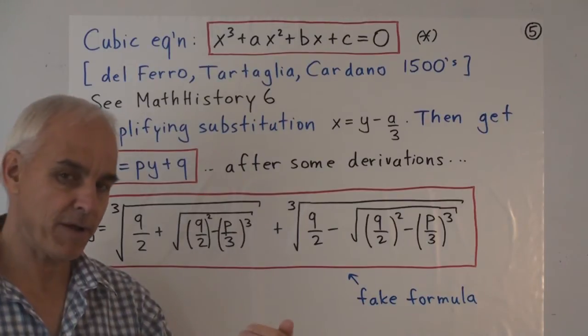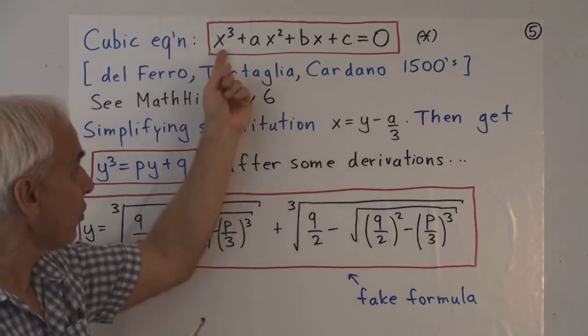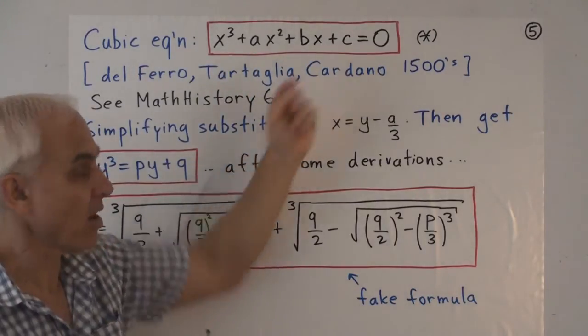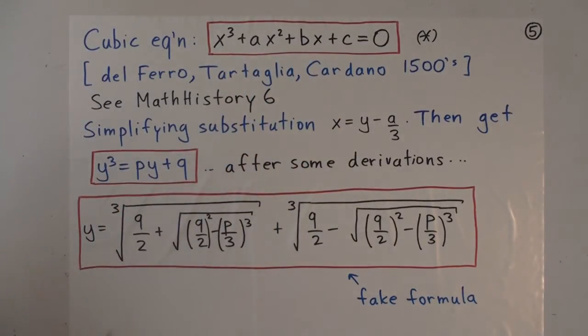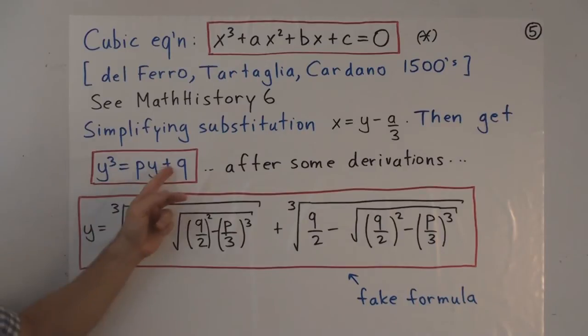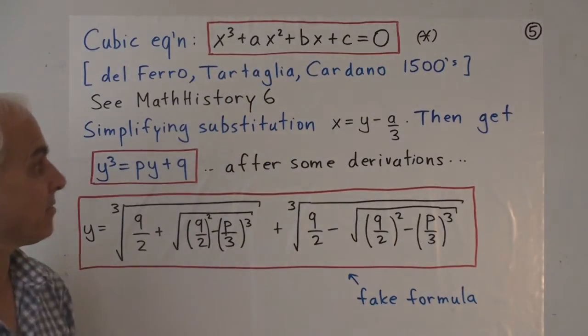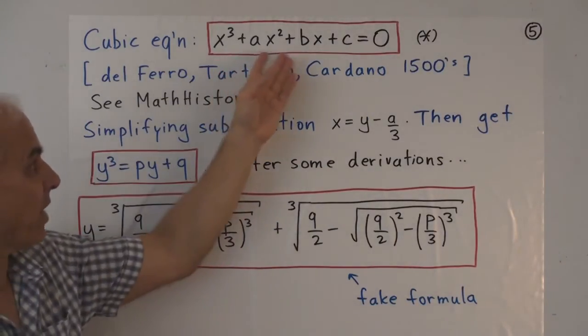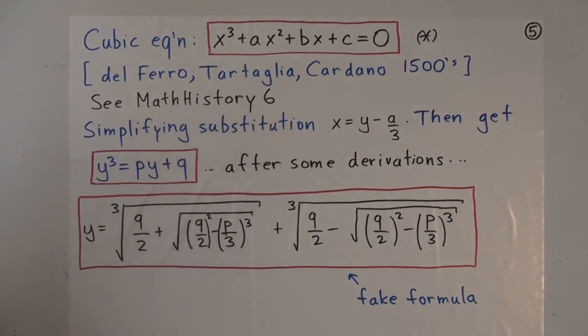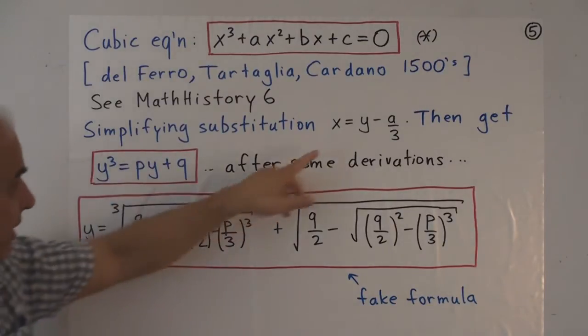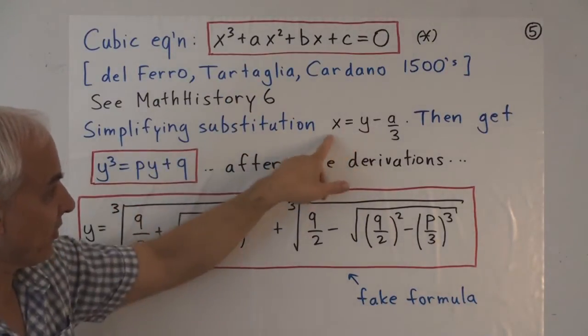So you get a formula that only involves y cubed, y, and a constant term. So we can rewrite it by bringing the other stuff to the other side as y cubed equals p times y plus q. And p and q are numbers that are related in a reasonably decent way to a, b, and c. So once we have a solution to this, then we can get a solution to the original equation through this substitution here.